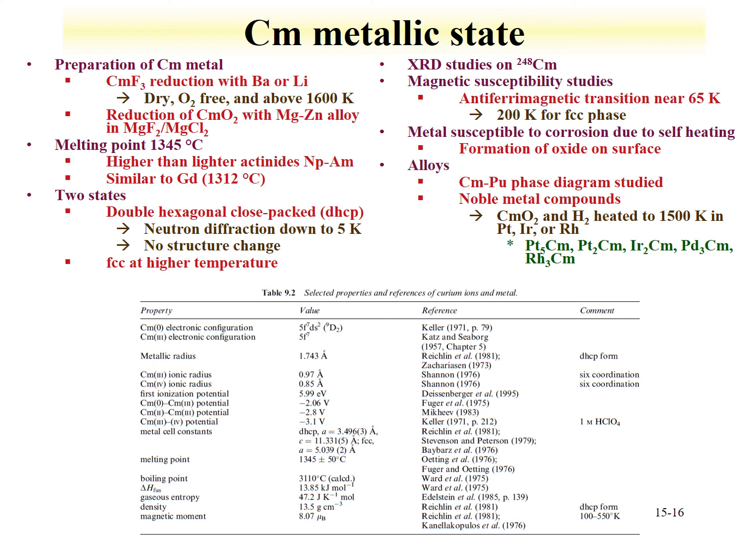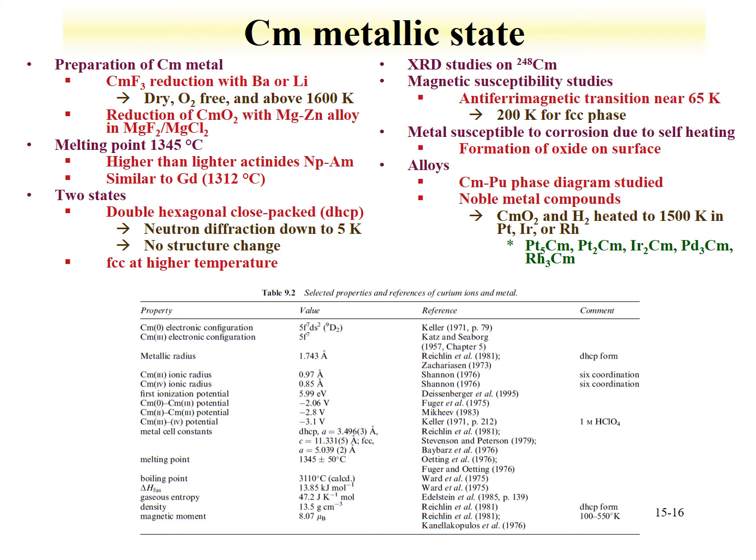Curium metal can be produced very similar to the route that was described for americium, using the fluoride and barium or lithium, or reduction of the curium dioxide with a magnesium-zinc alloy. The melting point of curium metal is higher than the lighter neptunium and americium actinides, and it's similar to gadolinium.